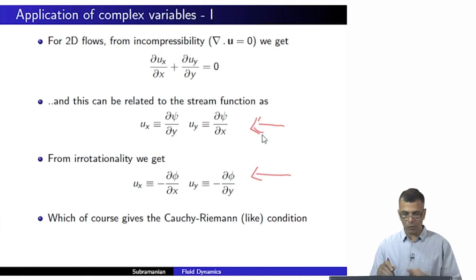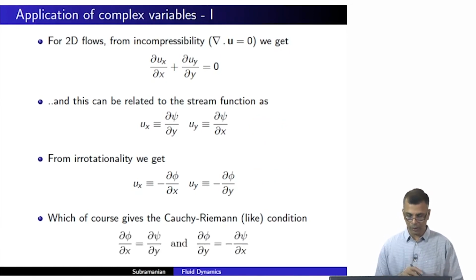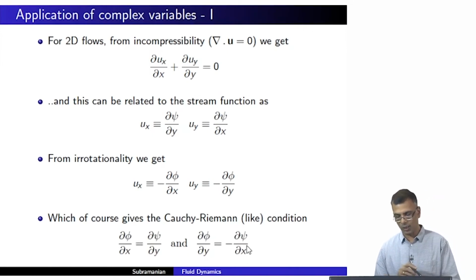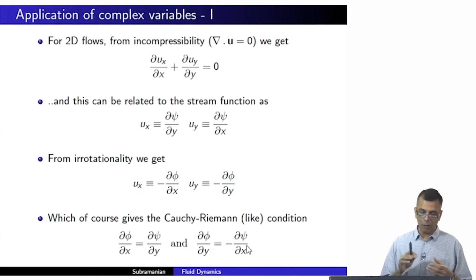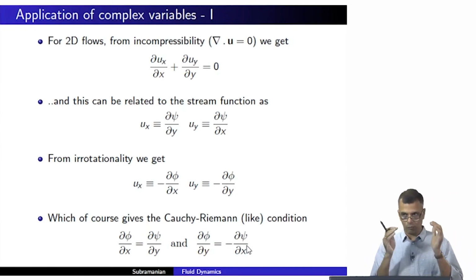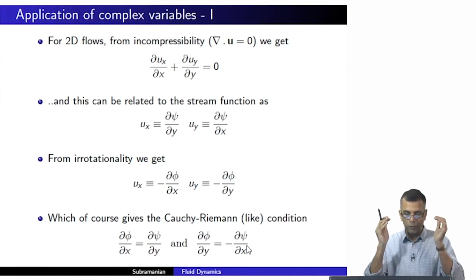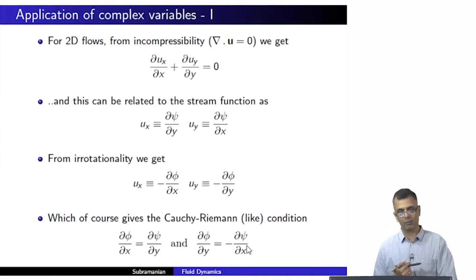Taking both of these together, you get d phi dx is d psi dy, whereas d phi dy is minus d psi dx. Right? So this is very familiar. It's essentially the same as the Cauchy-Riemann condition for complex variables. It's almost as if phi and psi taken together form one complex variable.